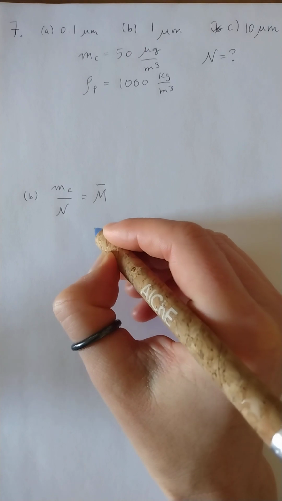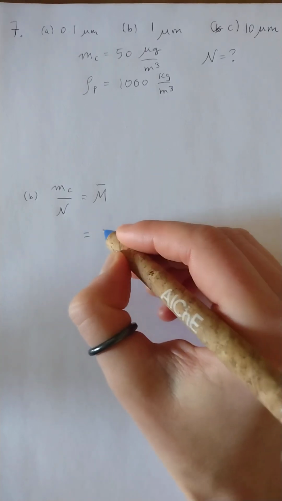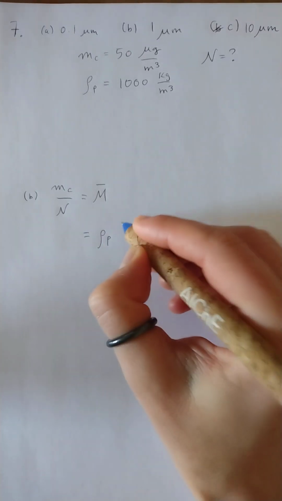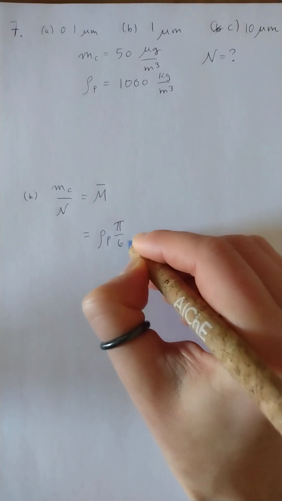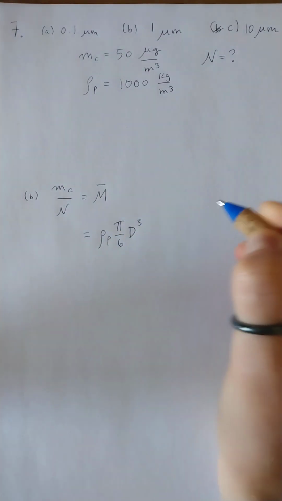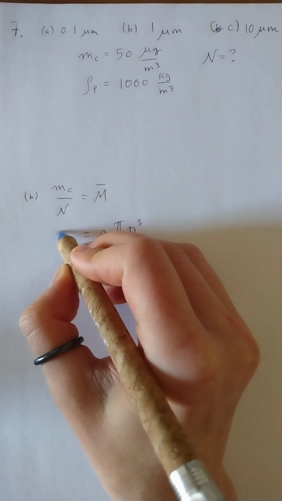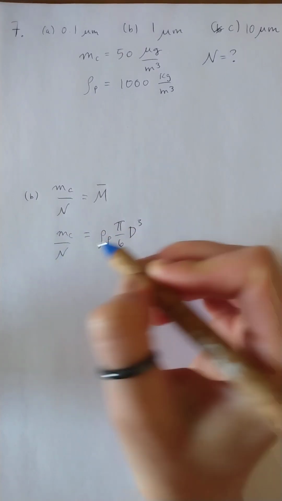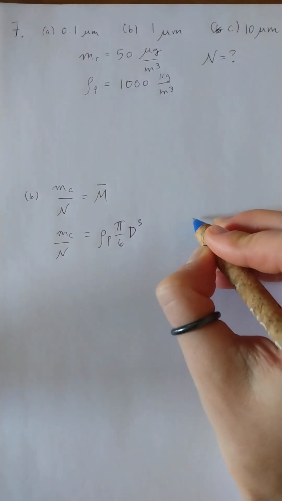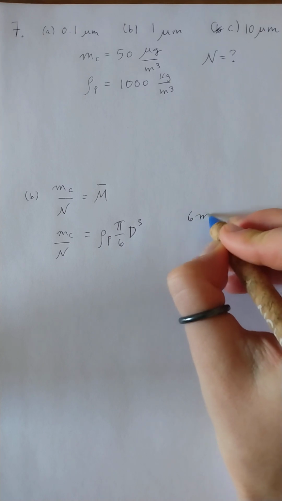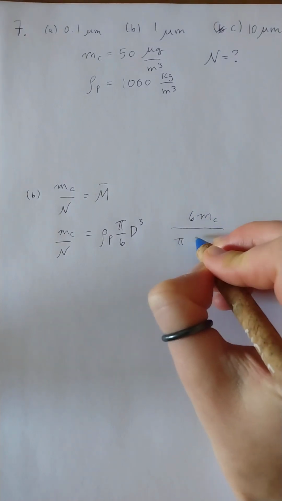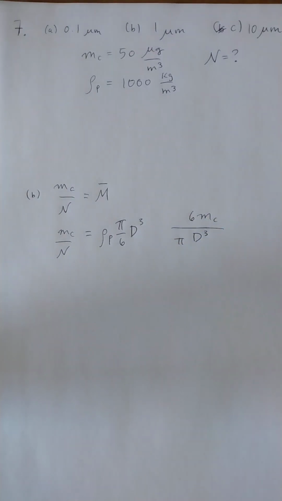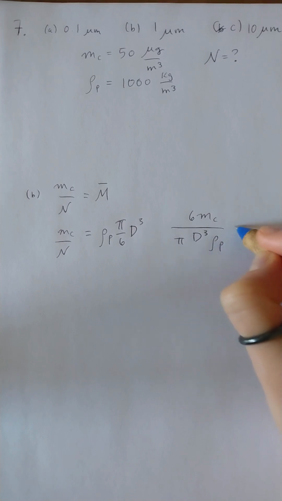And so the mean mass is just the mass of any one of those particles. So we take the density of any one of those particles times the volume of any one of those particles if they're spherical. We're given a mass concentration, and we want the number concentration, so if we rearrange, we end up with the following.